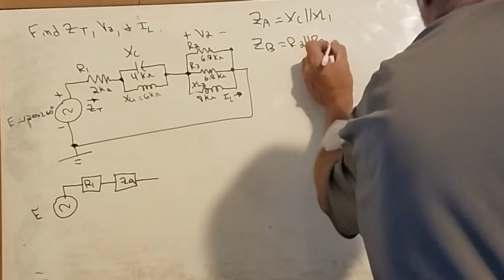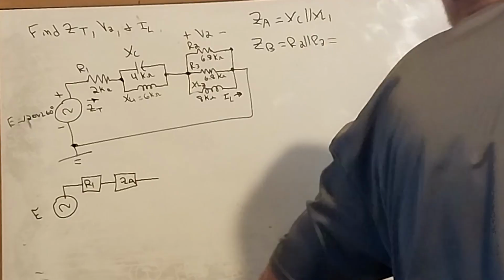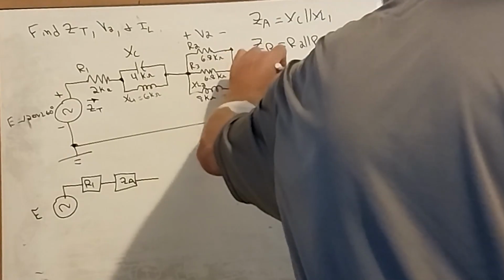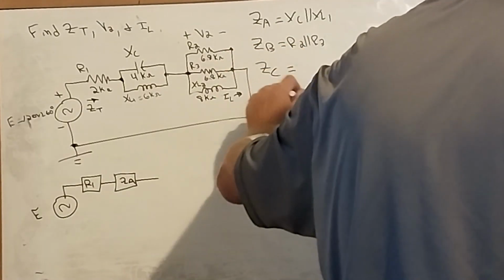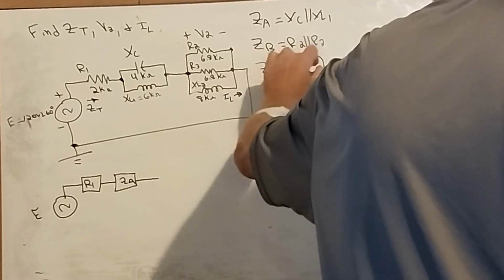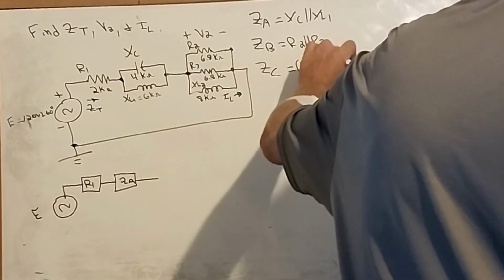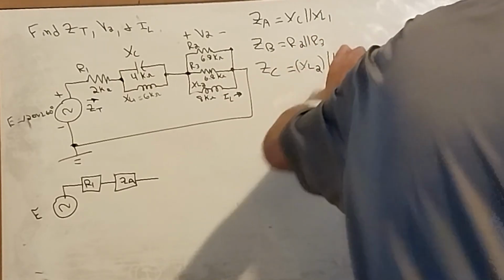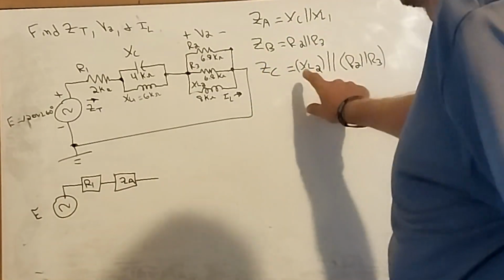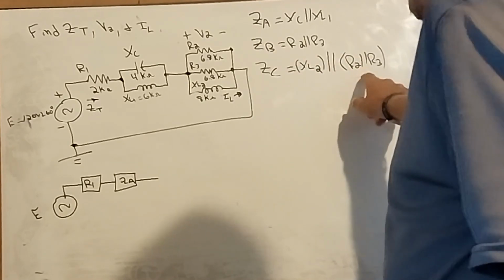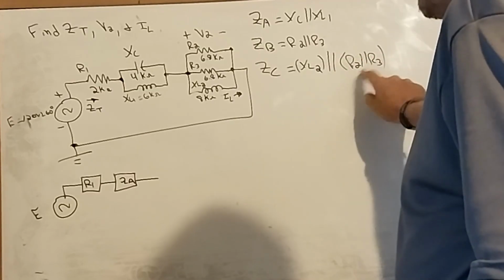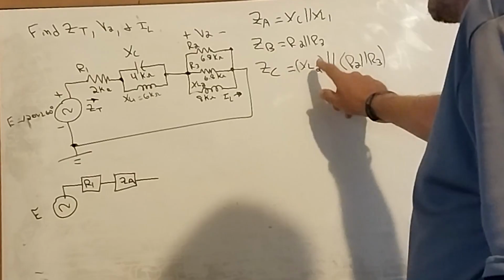Well, actually, we'll just do this. Z sub C is going to be X of L2 in parallel with R2 in parallel with R3. Now, if we do this math, we're going to take the product of these 2, which is really R2 times R3 divided by R2 plus R3. If we find a common denominator here, we multiply both sides by R2 plus R3.